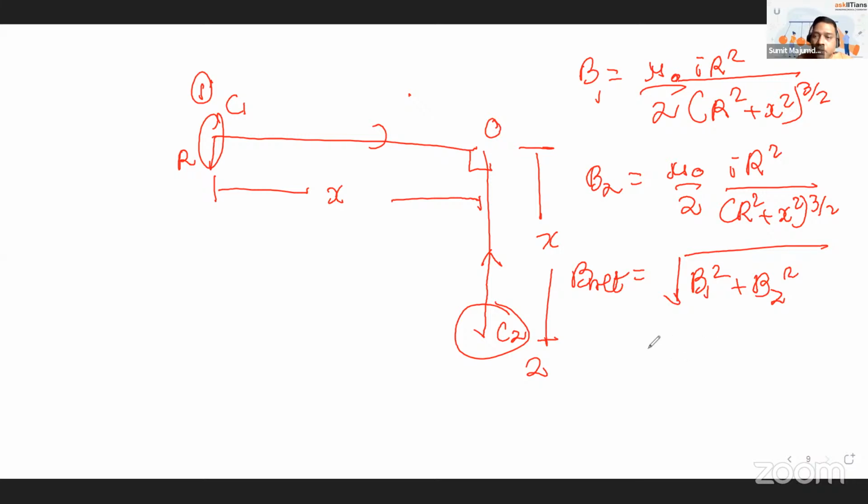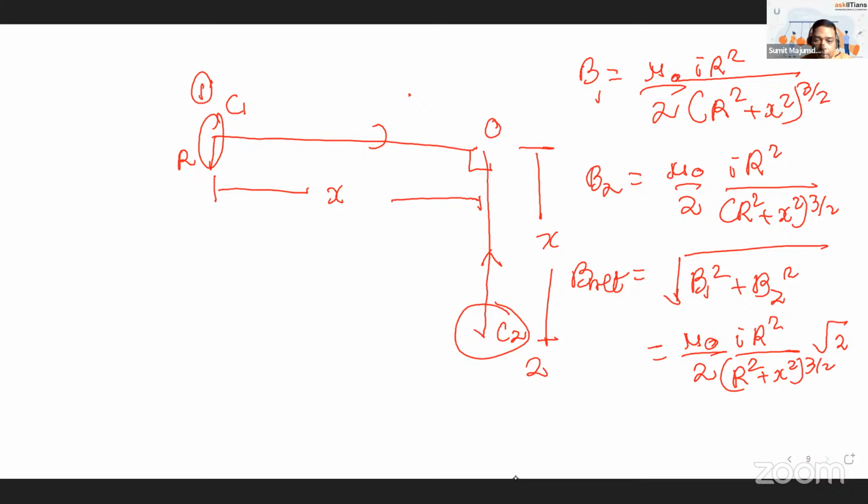The magnitudes are the same, so we can just take that factor out. Mu naught by 2, I R square upon R square plus X square to the power 3 by 2, into root 2. Okay, so this is the net value of the magnetic field.